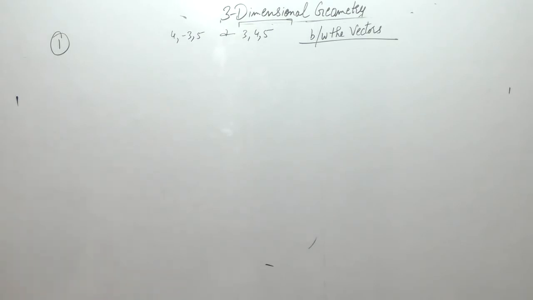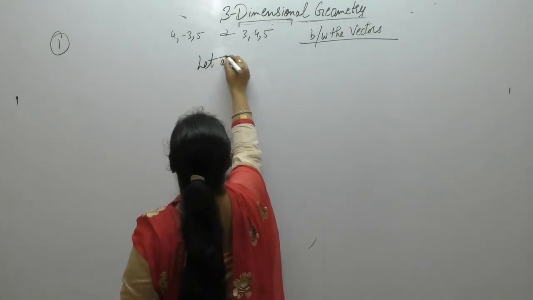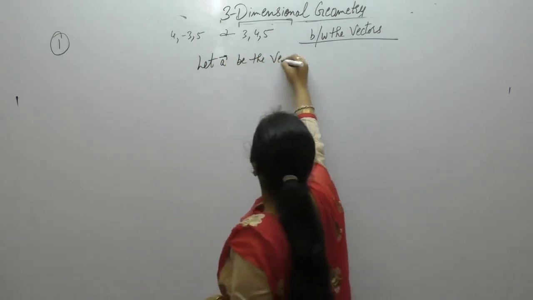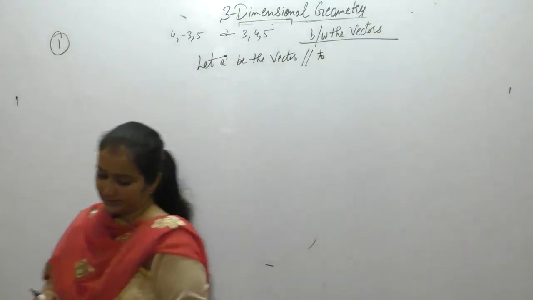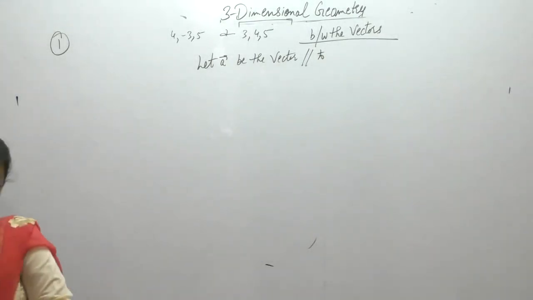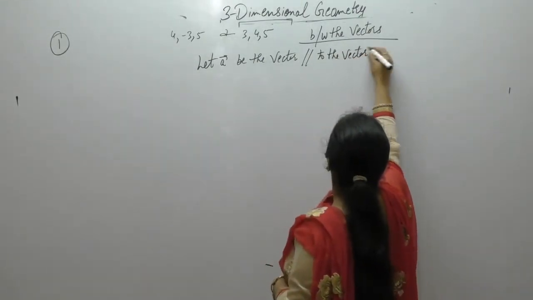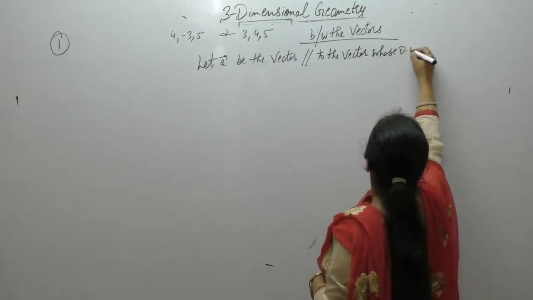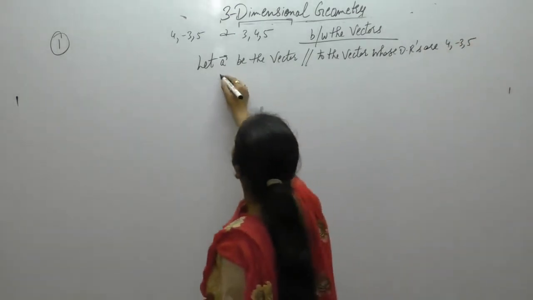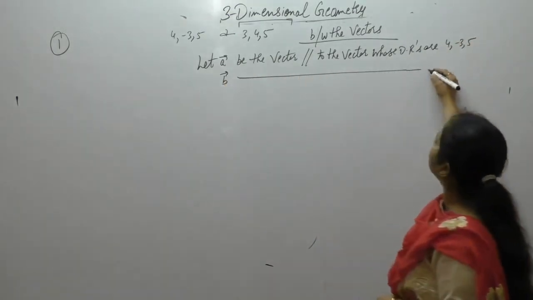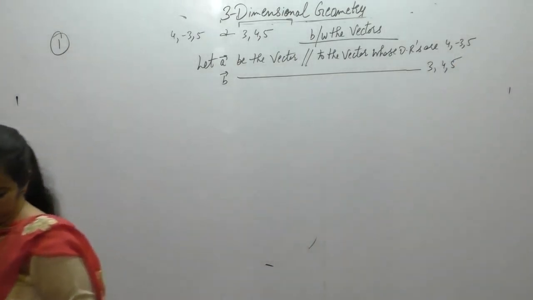Let A vector be the vector parallel to the vector whose direction ratios are 4, -3, 5, and B vector be the vector parallel to the vector whose direction ratios are 3, 4 and 5.